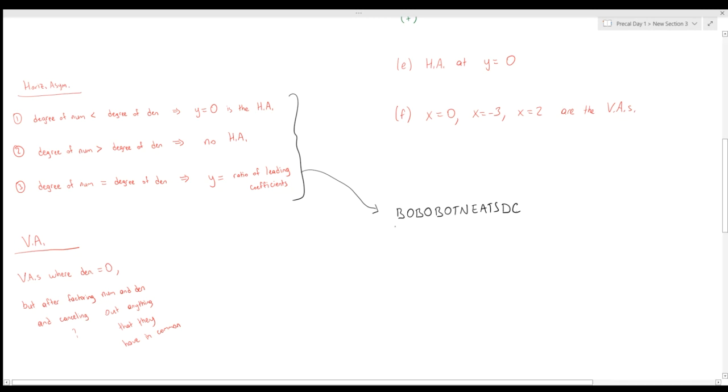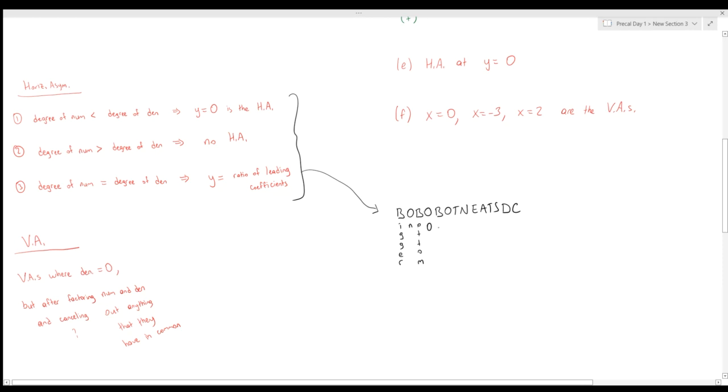So what this stood for, it was bigger on the bottom. And then this is read as a 0. So that's referring to if the denominator has the bigger degree, then 0 is the horizontal asymptote. So that's the Bobo part. This is the first statement there.